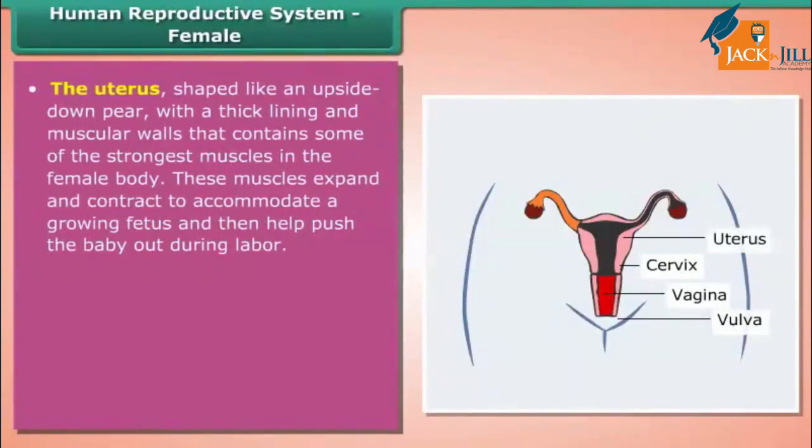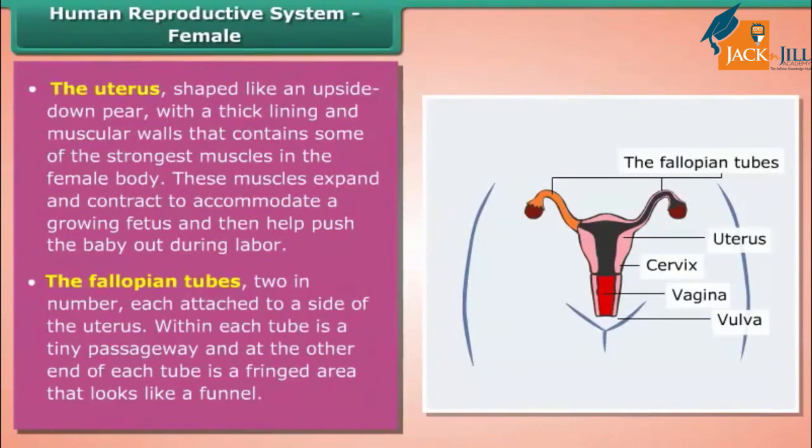The uterus, shaped like an upside-down pear, with a thick lining and muscular walls that contain some of the strongest muscles in the female body. These muscles expand and contract to accommodate a growing fetus and then help push the baby out during labor. The fallopian tubes, 2 in number, each attached to a side of the uterus.